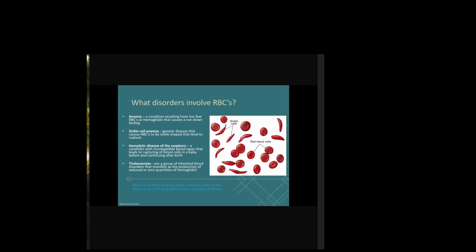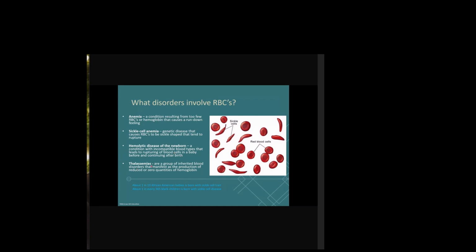There's another disease called hemolytic disease of the newborn, which we'll be talking about. It's a condition with incompatible blood types that leads to rupturing of red blood cells in a baby before and continuing after birth. We'll talk about that.